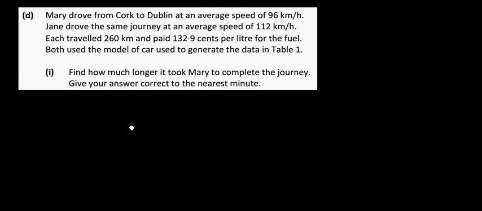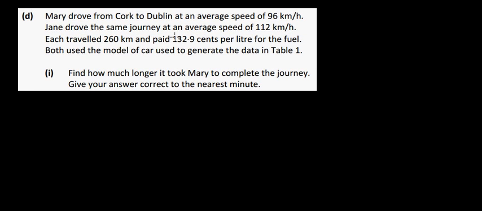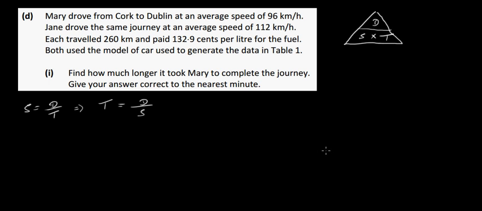So what we're looking for here is time. We have average speeds and we have a distance, so we can find each time. This is really just the formula speed is equal to distance over time, which means we're looking for times here. Time is equal to distance over speed. Or you can use this triangle that some people like to use. Speed is equal to distance over time, and this is multiplied, so time is equal to distance over speed.